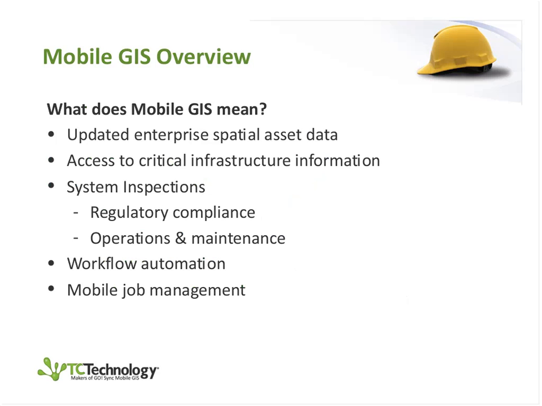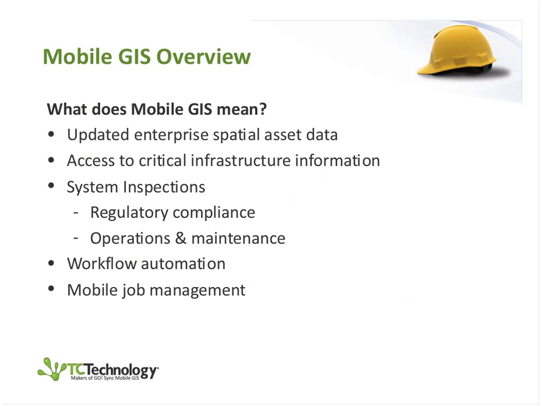The key to mobile GIS, or what it means to utilities, can be different at different companies, but in general, what we're talking about here is access to updated enterprise spatial data, access to critical infrastructure information, being able to know where switches are, where transformers are, where a circuit is fed from, things like that.